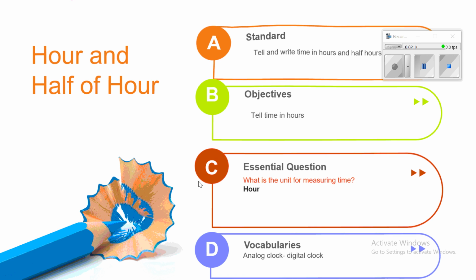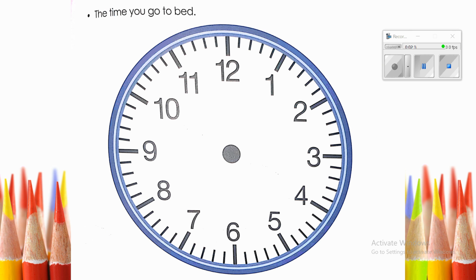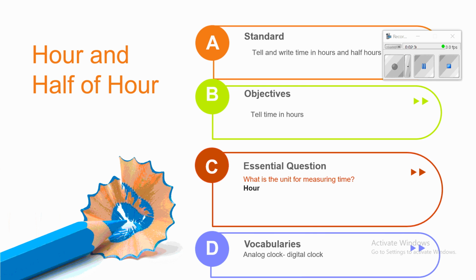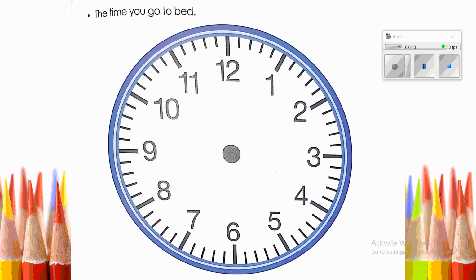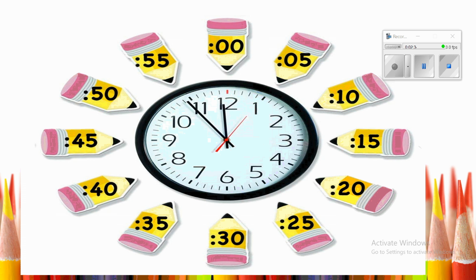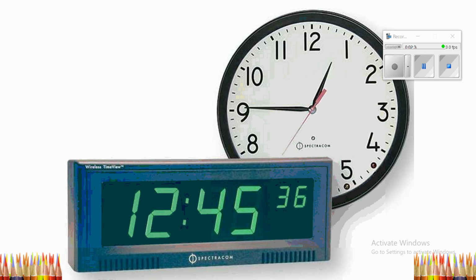Let's see. Here is the clock. Can you see? This is what we call the analog clock. Here are the two kinds of clock.